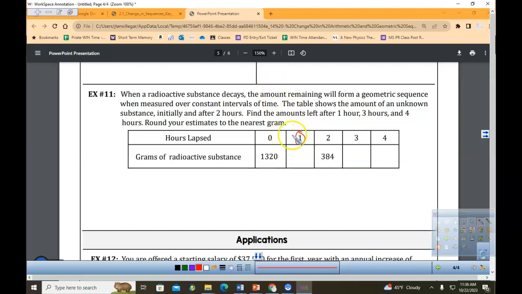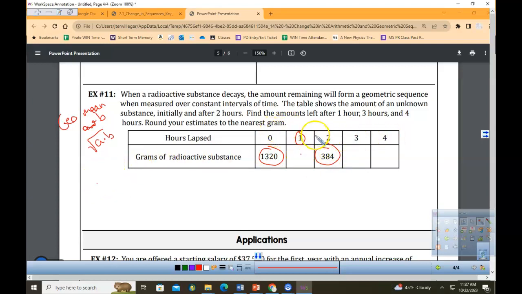So 1 is in between 0 and 2. So geometric mean between a and b is the square root of a times b. Okay? So if I find the mean between 0 and 2, it'll give me 1.